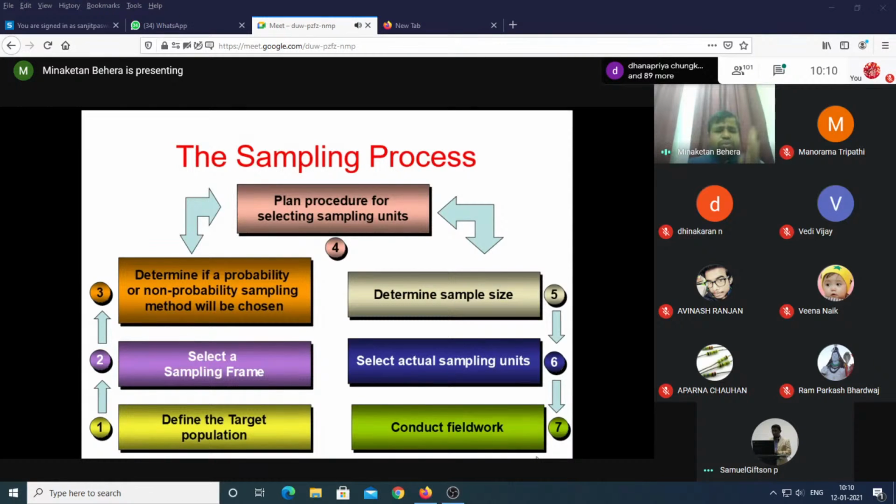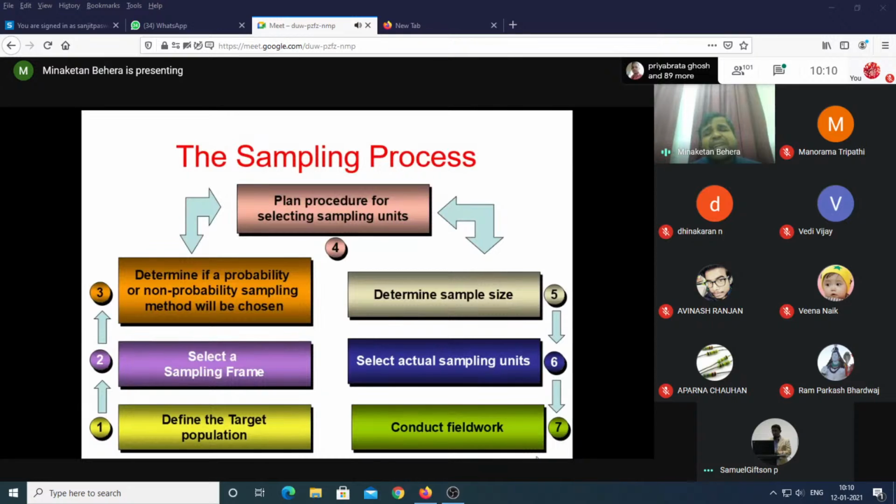Many people do not know this. If you ask a student what method you used to select the sample, on which basis you selected it, the immediate answer is, sir, I am taking a random sample. If you ask the second question, what do you mean by random sample, they say, sir, random means random. That is not true.